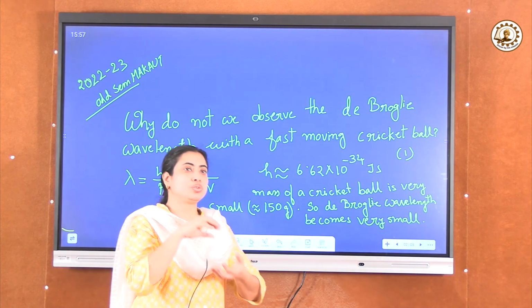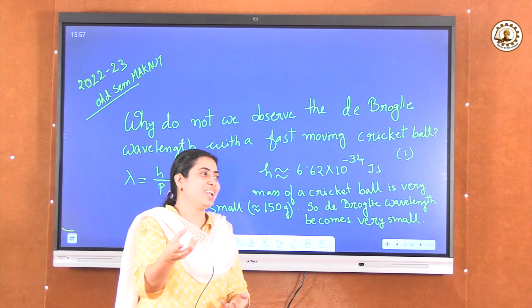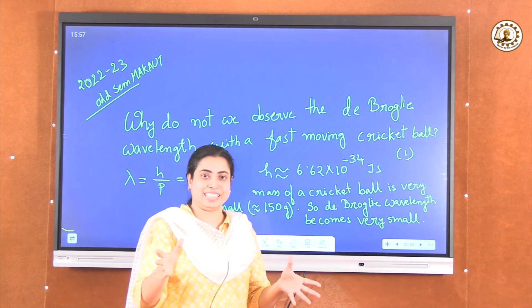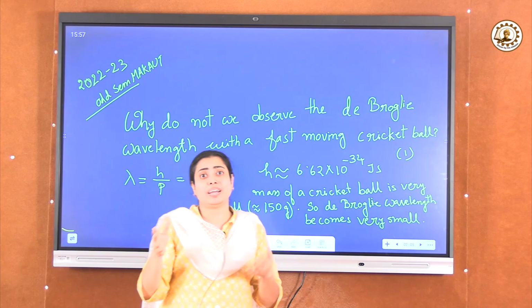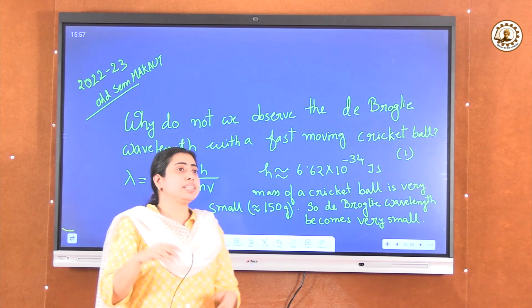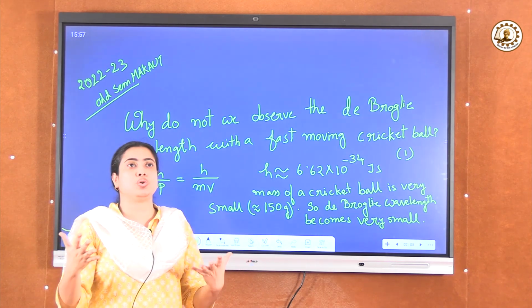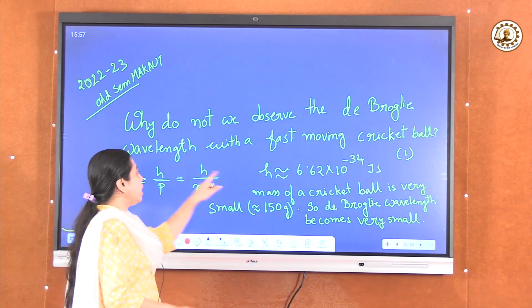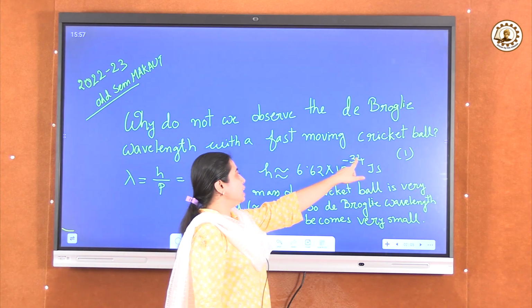Now, if you put 150 into 10 to the power minus 3 into the velocity, we cannot throw a cricket ball even at the speed of light, that is 3 into 10 to the power 8 meter per second. Even then, the power in the denominator is much higher than the numerator's 10 to the power minus 34.